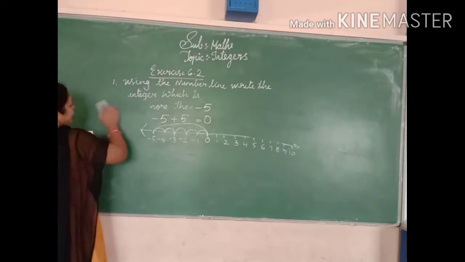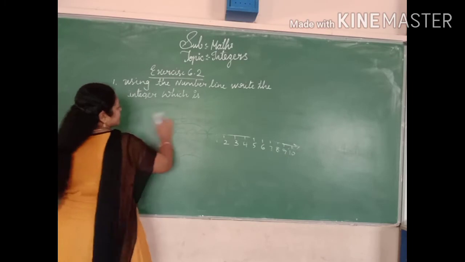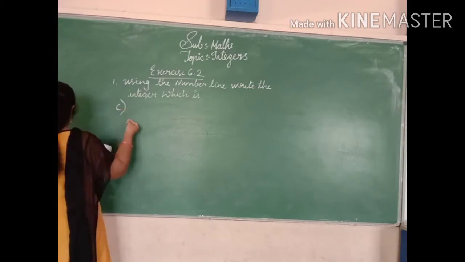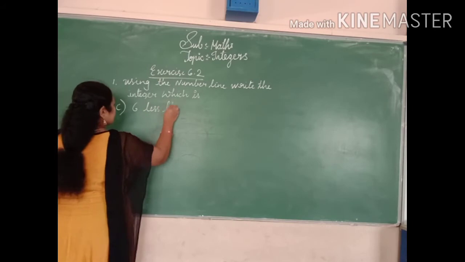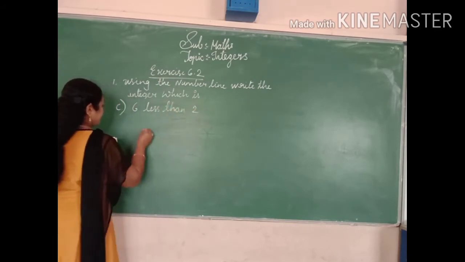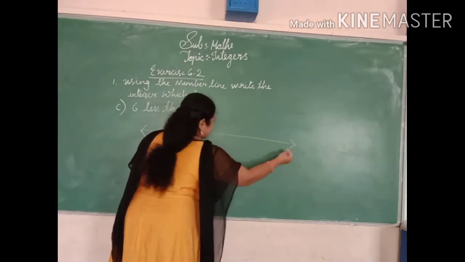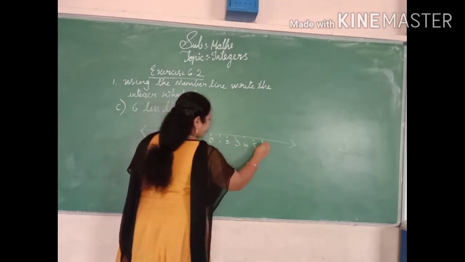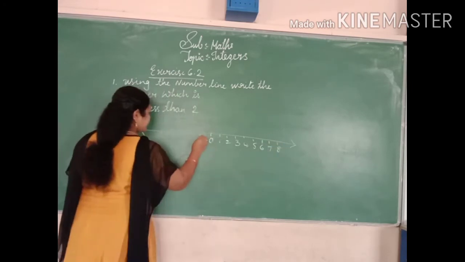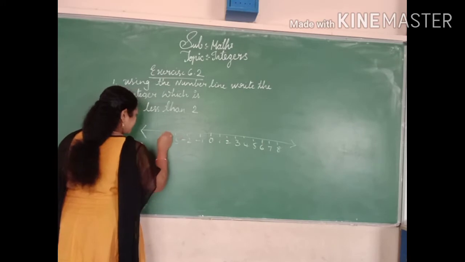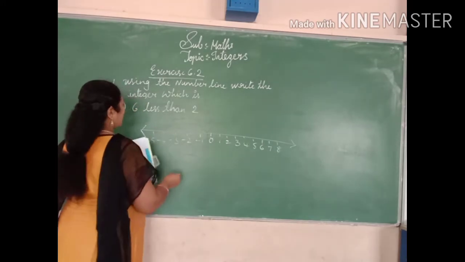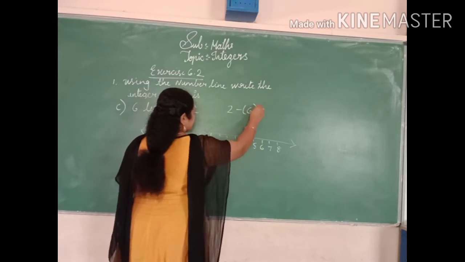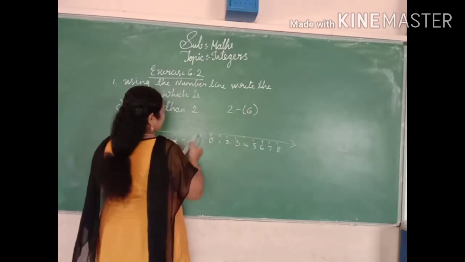Or let me do it also for you, because each sum differs from the other and you are a little bit confused. 6 less than 2. So here 0. Now it is 2 minus 6.